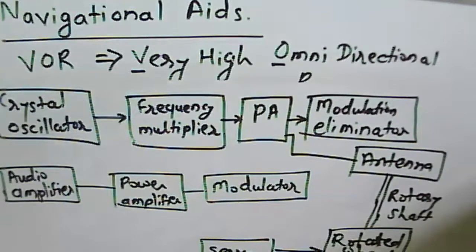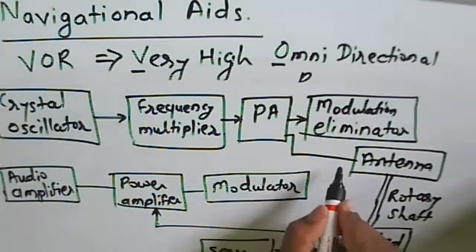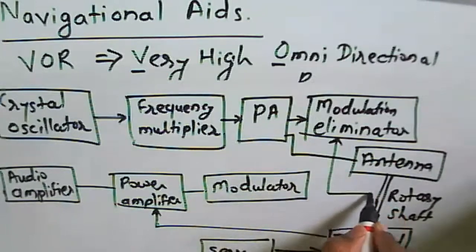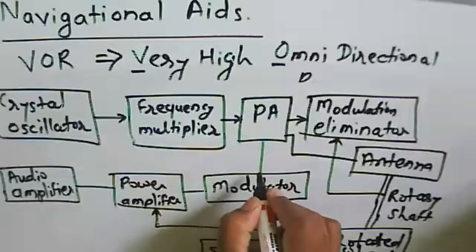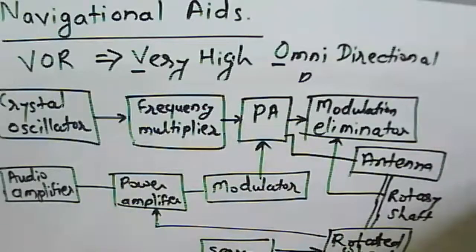Through this the antenna is going to be rotated, and how much rotation is to take place will be given as input to the power amplifier here, and then the rotary shaft input is given to the modulator, and the modulator output is given to the power amplifier.